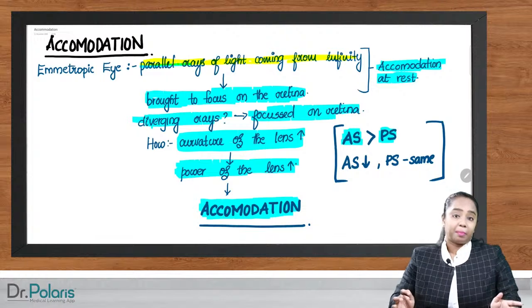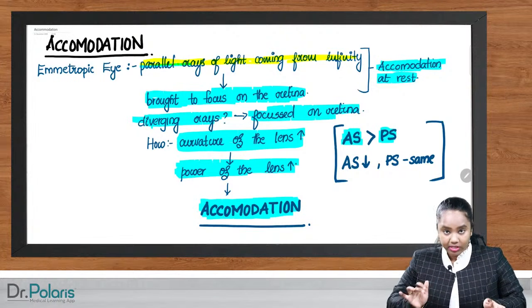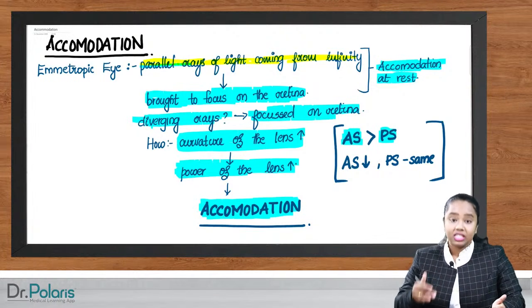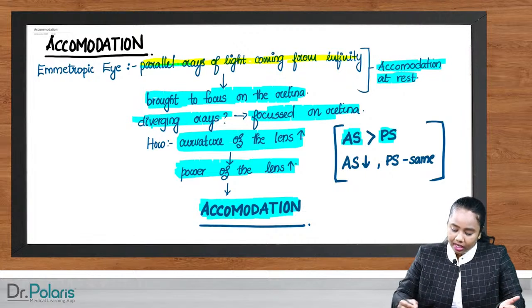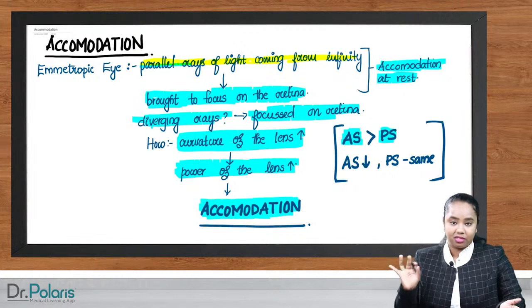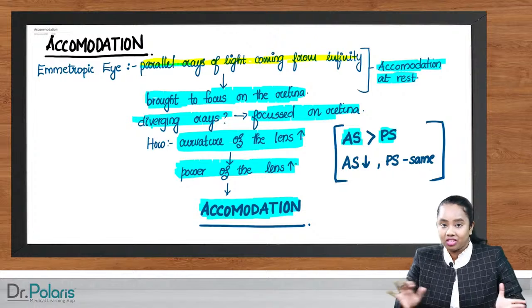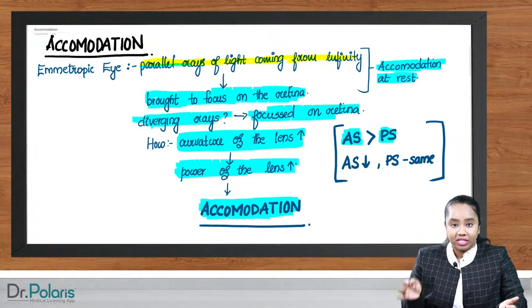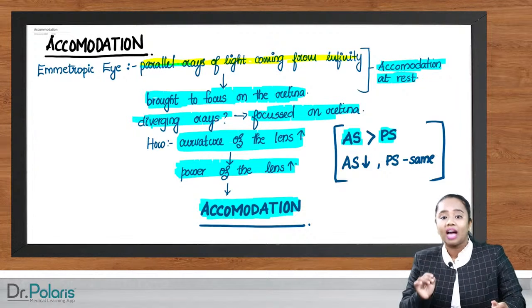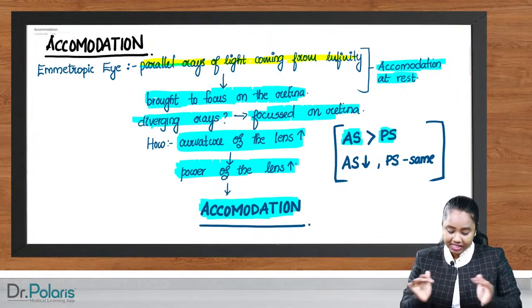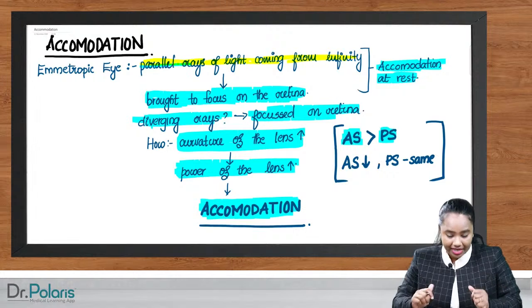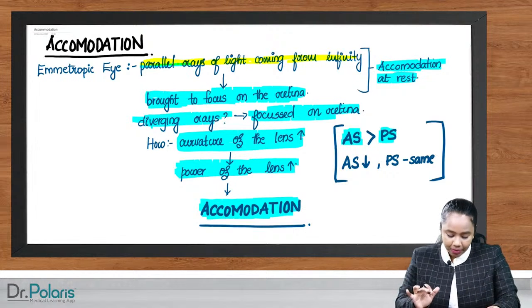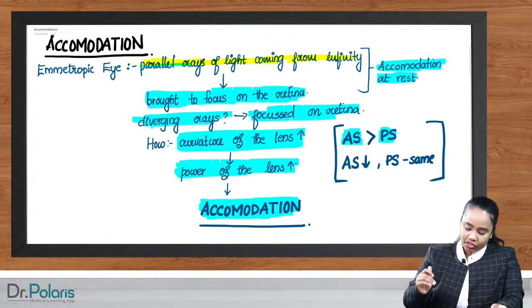Whenever accommodation is in action, the posterior surface curvature remains the same. There is no change in the posterior curvature. But in the anterior surface, there is a significant decrease. That is how the curvature and the power of the lens are increased. So remember that this is what happens in accommodation.